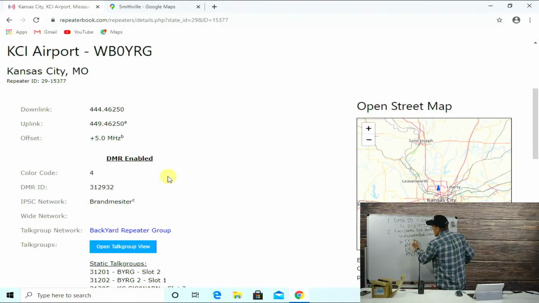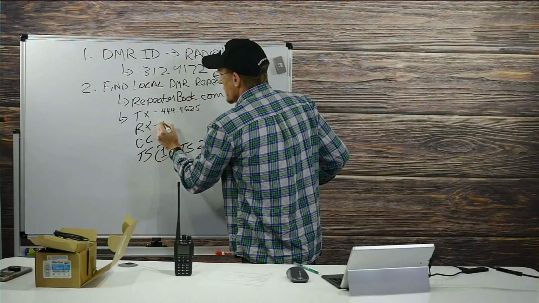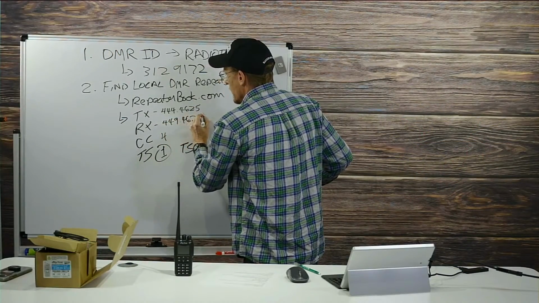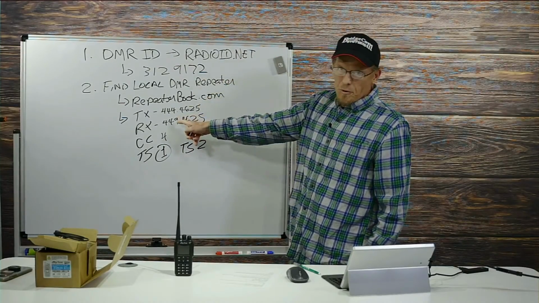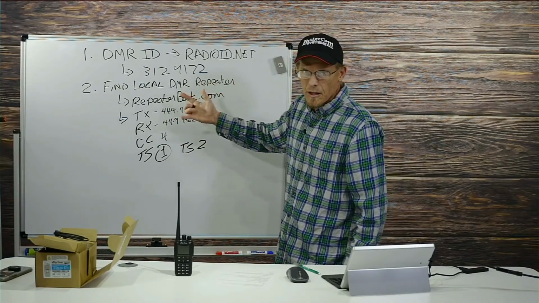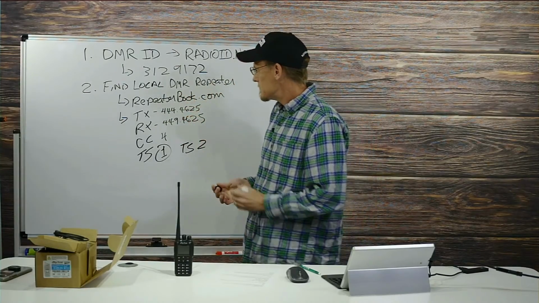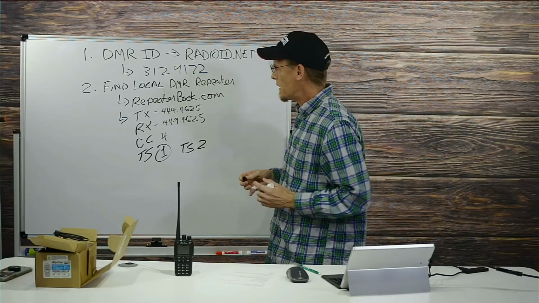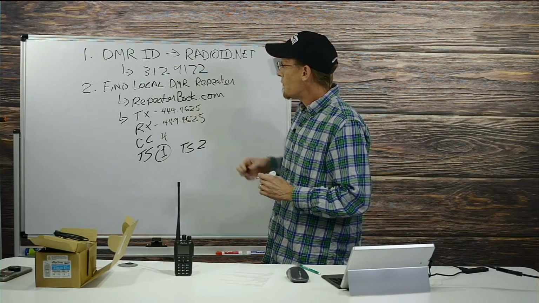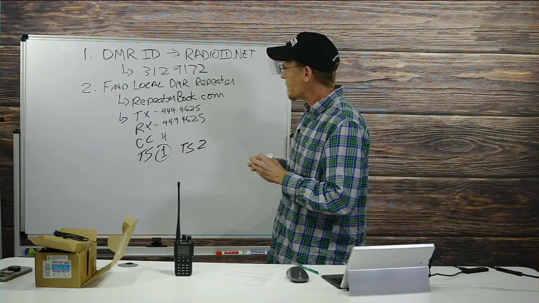The repeater is going to be transmitting on 444.4625, and it's going to be receiving on 449.4625. Now, that's what the repeater wants, or sees. For the radio, you flip that. Very important, you want to flip that. So the radio that is set up is going to transmit on 449.4625 and receive on 444.4625.